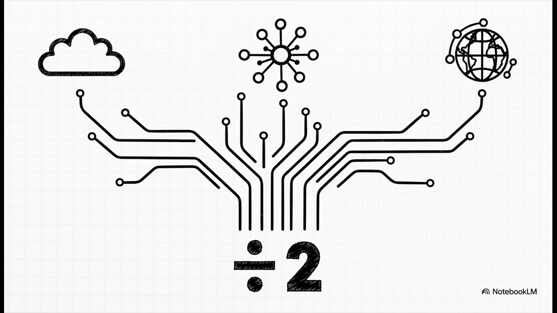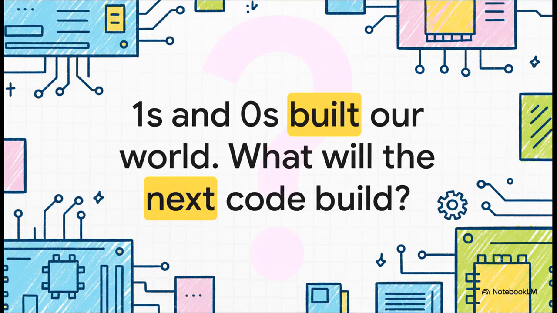All of that incredible, mind-bending complexity, from streaming movies across the globe in an instant to the artificial intelligence that is literally reshaping our future, it is all built on top of that simple, repeatable process we just walked through. It all starts with dividing by 2. A simple code of just 2 digits gave us the entire digital revolution. It completely reshaped our world. And it just makes you wonder, doesn't it? What will the next simple, elegant code build?